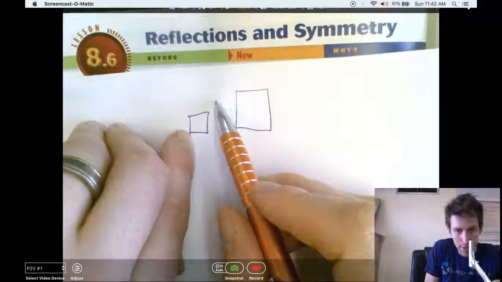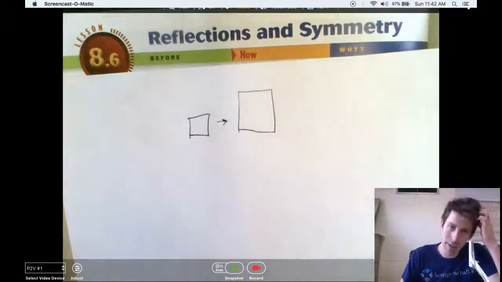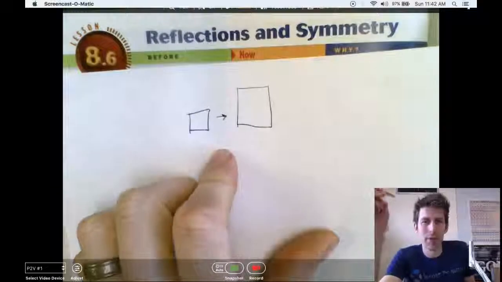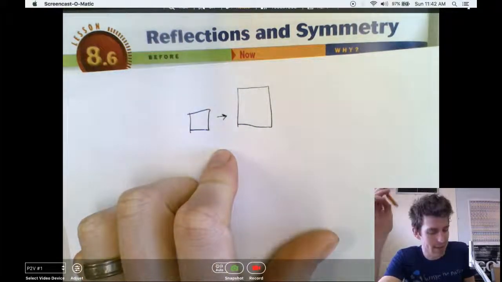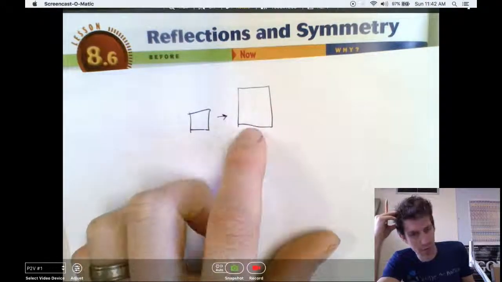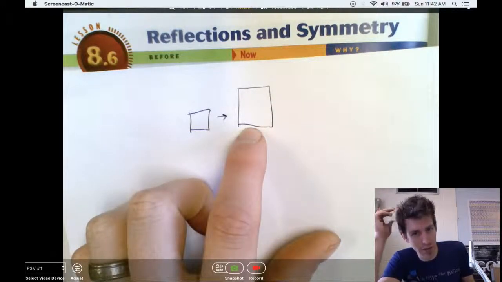It became bigger, which we call a dilation, but anyway, you can learn that in a couple of years in geometry, which is actually what I'm talking about with my geometry class right now, coincidentally. So, not only did it become bigger, but it moved over. Right? Those are both transformations.